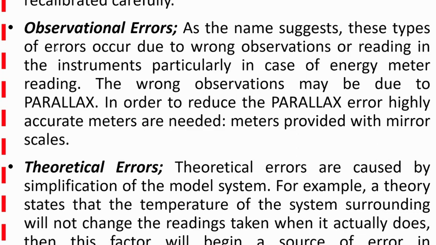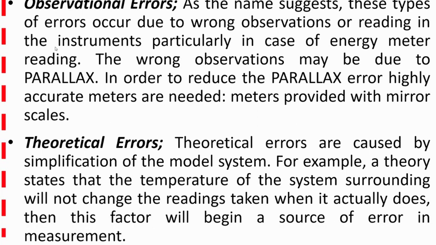The wrong observation may be due to what we normally call parallax. In order to reduce parallax error, highly accurate meters are needed. Sometimes a meter is provided with a mirror or a magnifying glass that will zoom in on where you're going to read from.